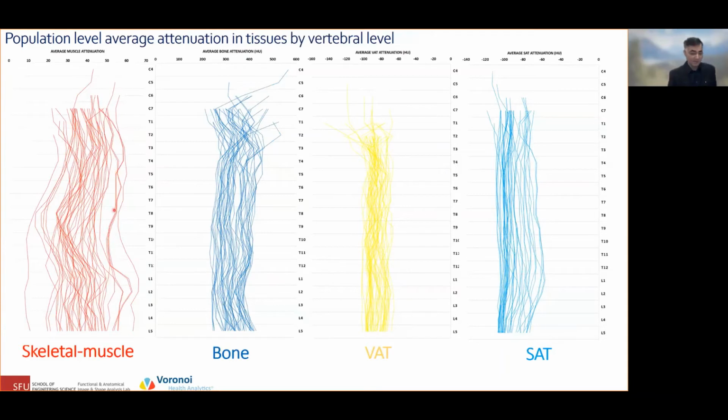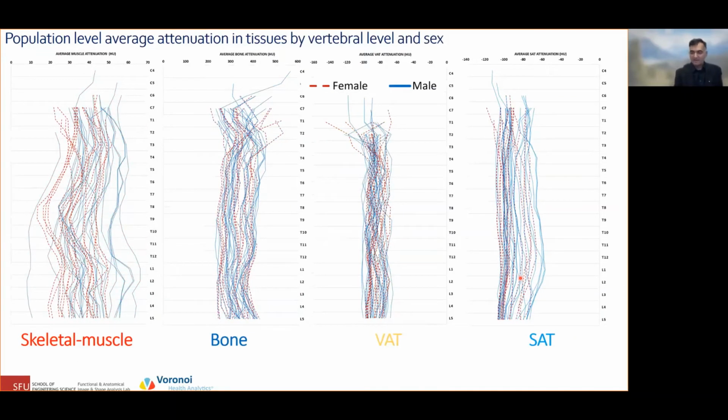What's driving these differences? Bone is more uniform, but still there's a lot of spread. Similarly, there's spread in visceral adipose tissue. What is driving the spread in this tissue type, in fat, for example, and subcutaneous adipose tissue? These are really interesting questions revealed by this data. And again, we can segregate them by male and female and study whether there are any particular demographic differences and so on.